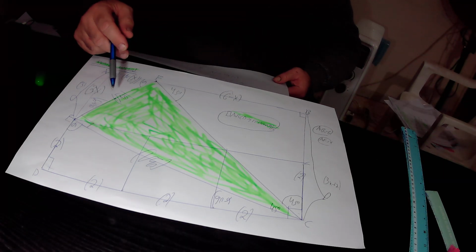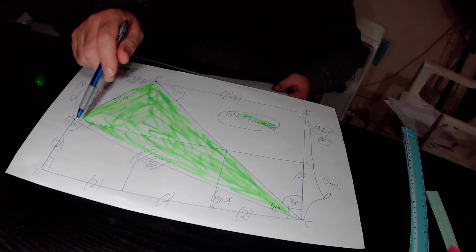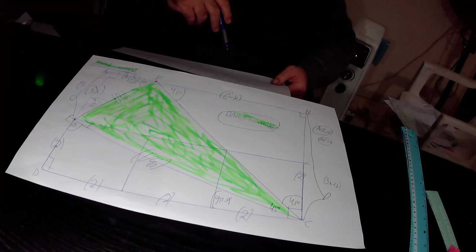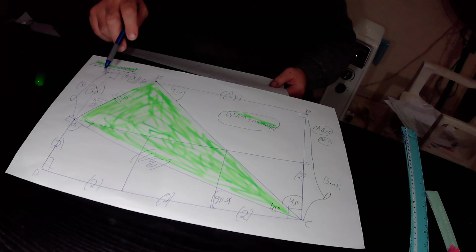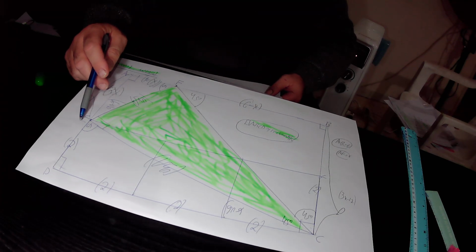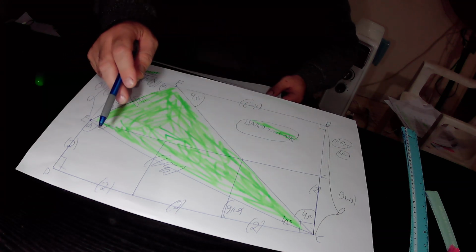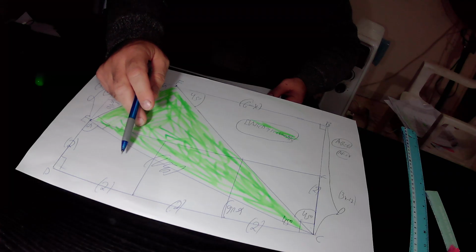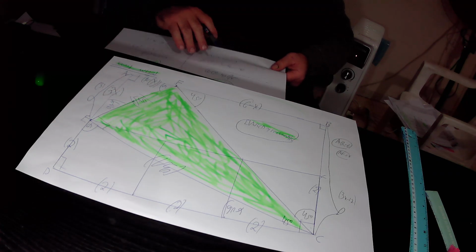Likewise, we apply the Pythagoras theorem on this right triangle EDC. According to the Pythagoras theorem, EC squared, that is the square of the hypotenuse, equals ED squared. ED is 2, therefore ED squared is 2 squared, that is 4, plus DC squared. DC is 6, therefore DC squared is 6 squared, that is 36.